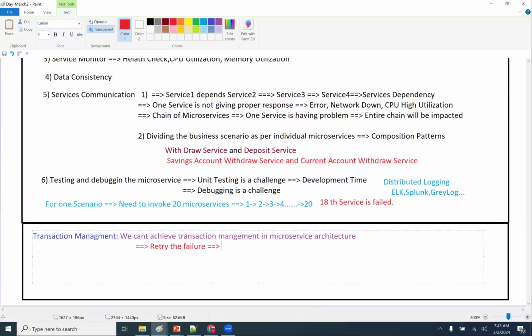I will give 2 examples, guys, real-time examples. Sir, is everyone aware of Big Basket? Anyone used Big Basket? My question is, did anyone use Big Basket?